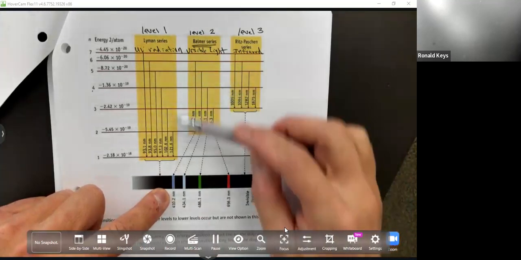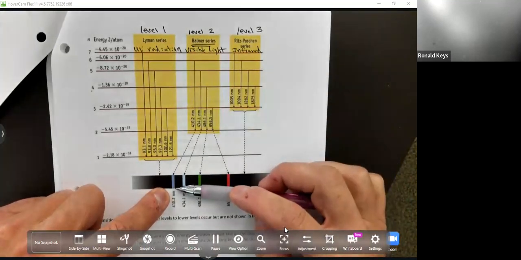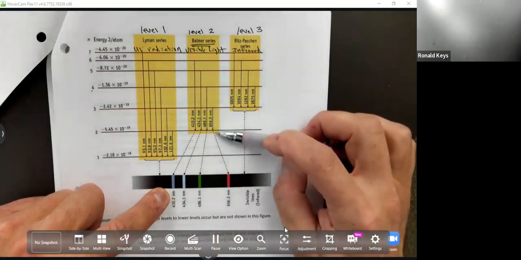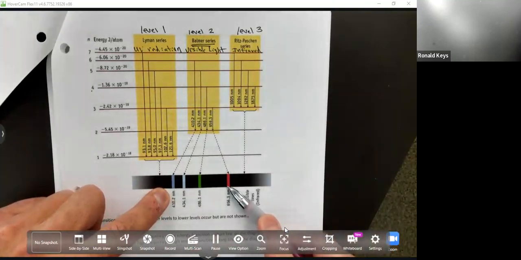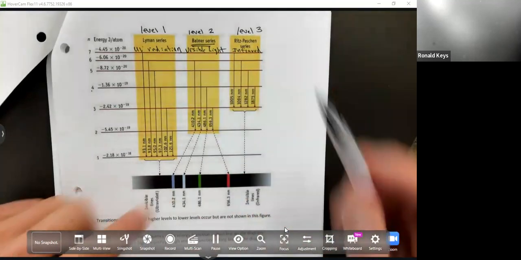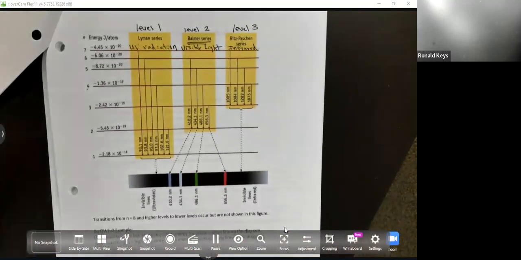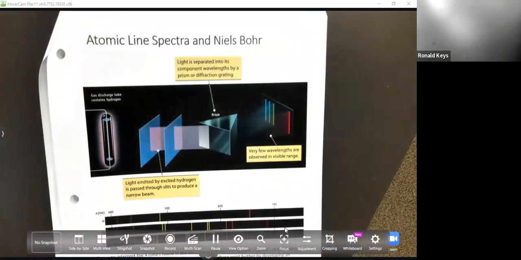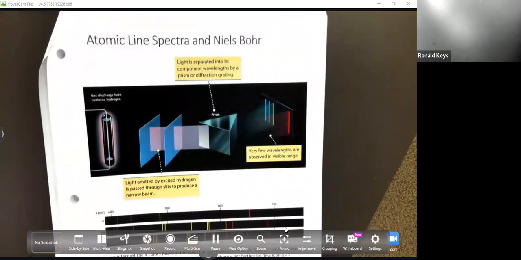The higher you throw it, the more energy you're going to get back. So notice that this small drop, only one level, is red light. So we can boost the electron out farther away and it comes back down. So we are going to do some of those calculations of wavelengths and energy.